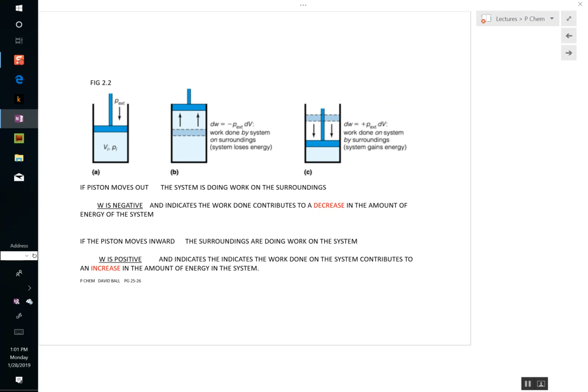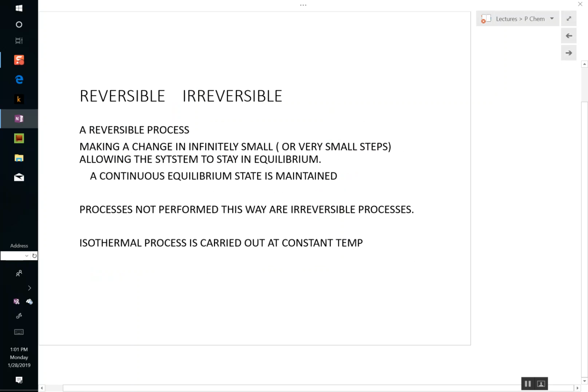Okay, these are just some of the points in the book that I think are important. They introduce an idea here that most processes don't proceed this way, but they're saying if you can proceed in many, many little steps, an infinite number of little steps, so that you get through this change incrementally, very slowly, you can do a process in a reversible fashion.